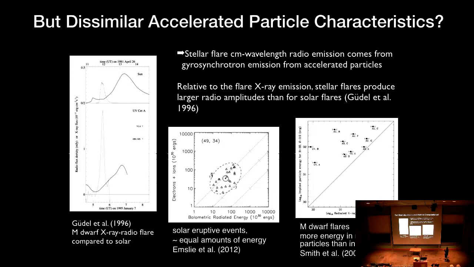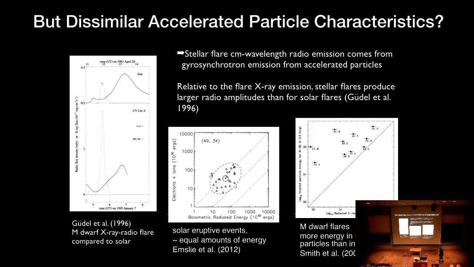When you look at solar eruptive events, there's roughly equal amounts of energy in the accelerated particles and in the bolometric radiated energy. So if you account for the fact that a flare is radiating across the electromagnetic spectrum in those different components that I showed you in the table, and sum those up, you get roughly equal amounts of energy in the accelerated particles and the bolometric flare energy.